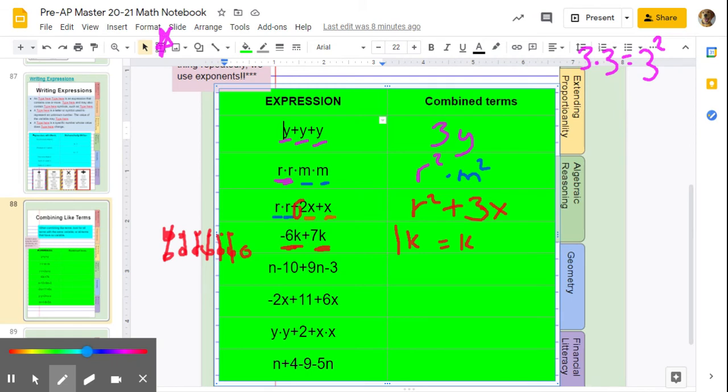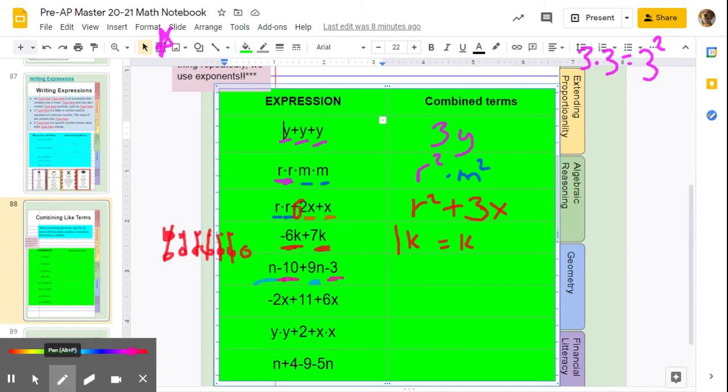Looking at the next one here, we have n's. So I'm going to underline all the n's in this light blue. And then we do have some plain numbers or naked numbers, however you want to think about it. So we have a plain number here and a plain number here. Be careful and make sure you think about the sign that's in front of those plain numbers too, okay?